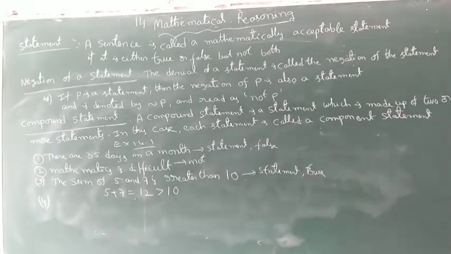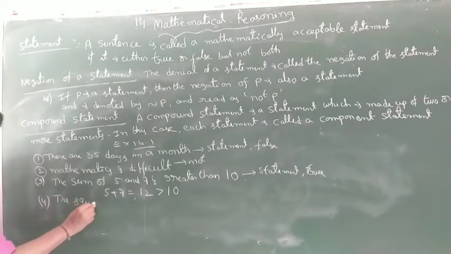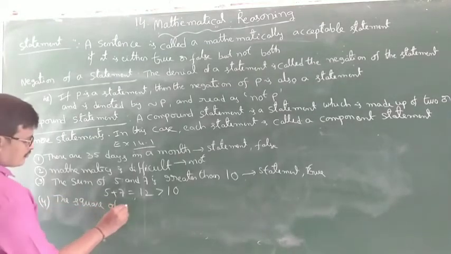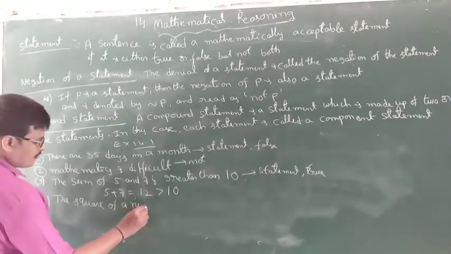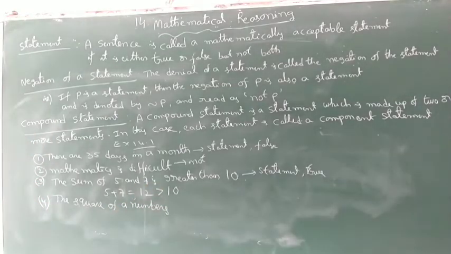Next, the fourth one: The square of a number is an even number.